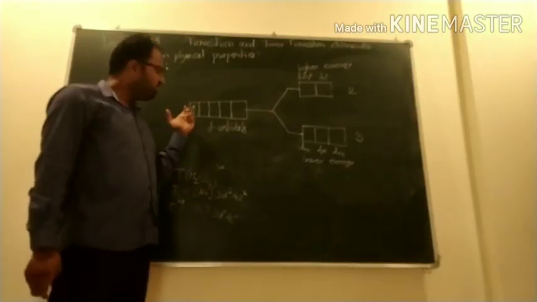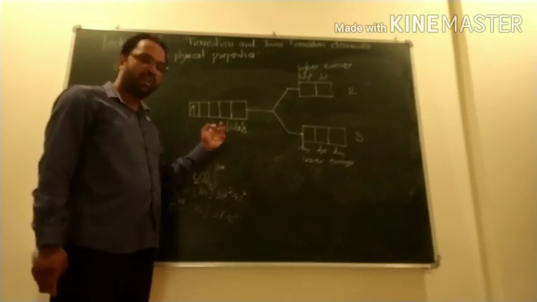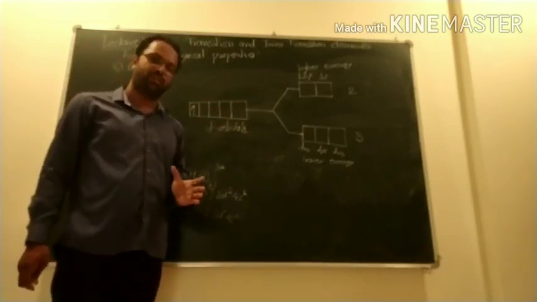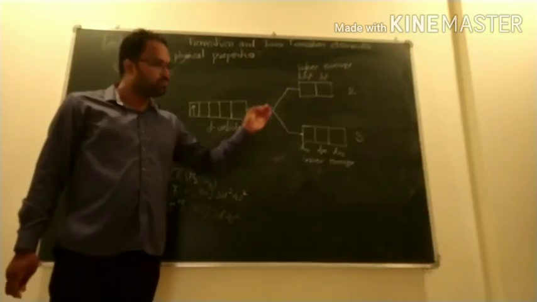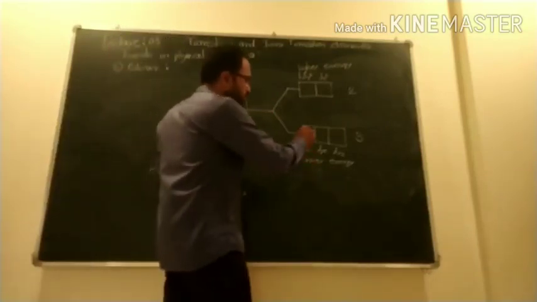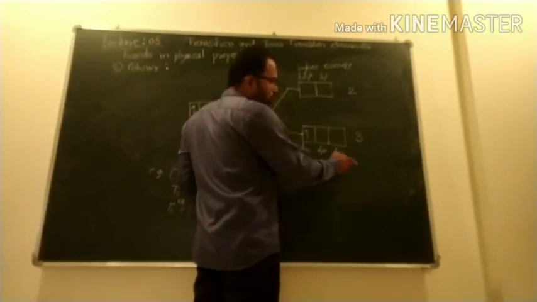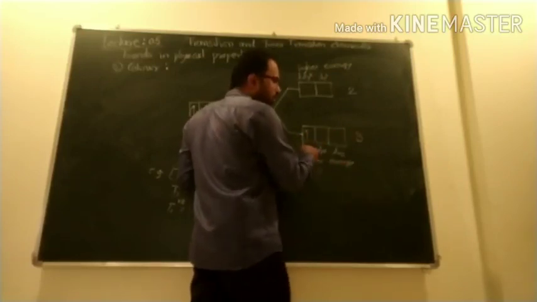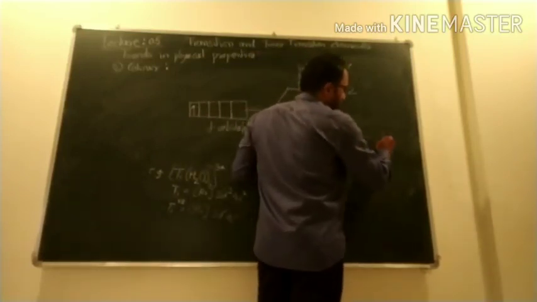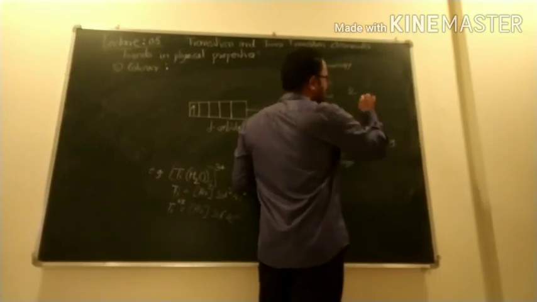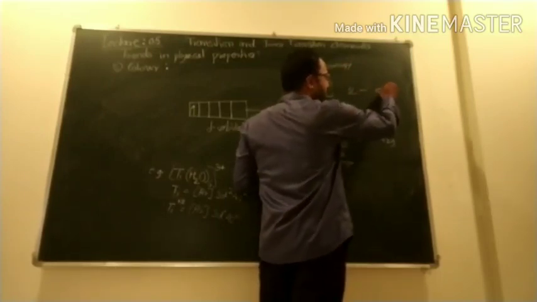Now this first electron is placed in the lower energy level because of its stability. So the first electron is present in the lower energy, that means the 3-orbital set, which is also called t2g, and the 2-orbital set is also called eg.